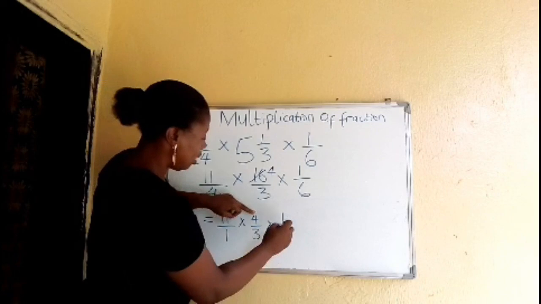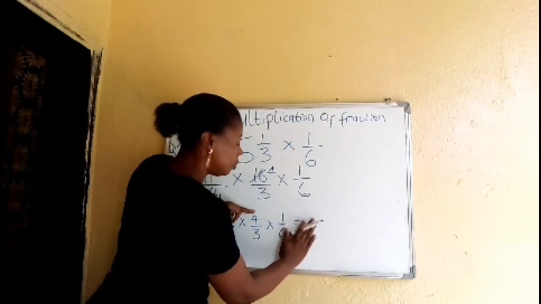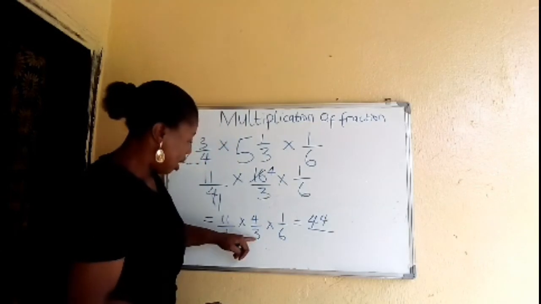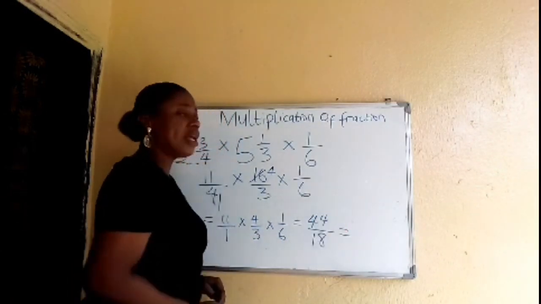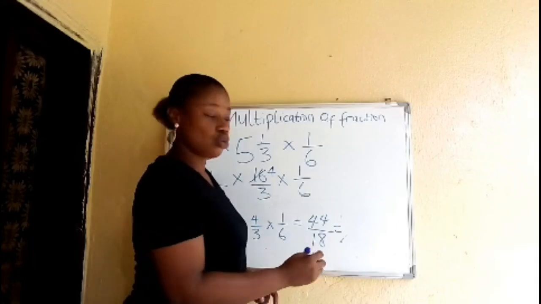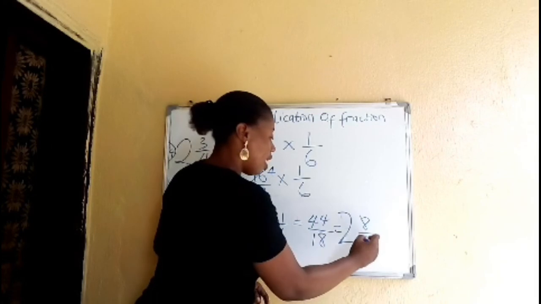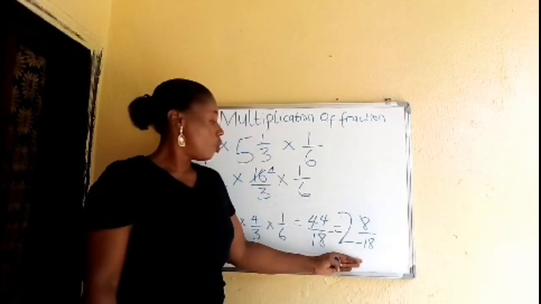11 times 4 times 1 is 44, all over 3 times 6 is 18. So how many 18 is in 44? That is 2. So we write 2 whole number, 8 over 18.